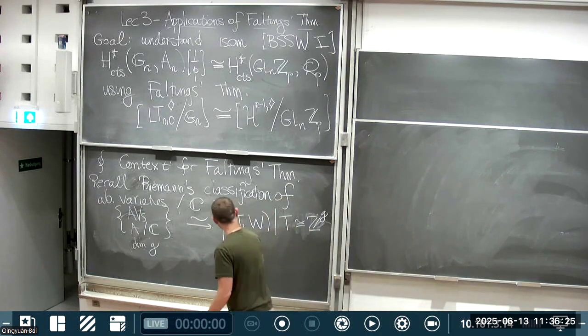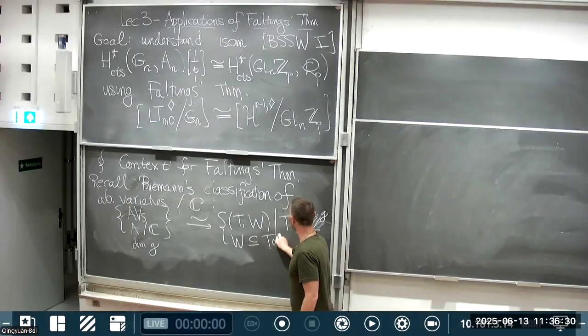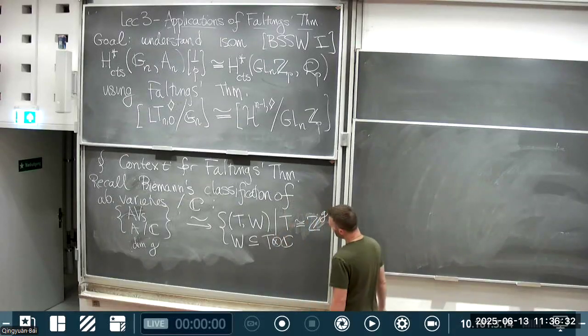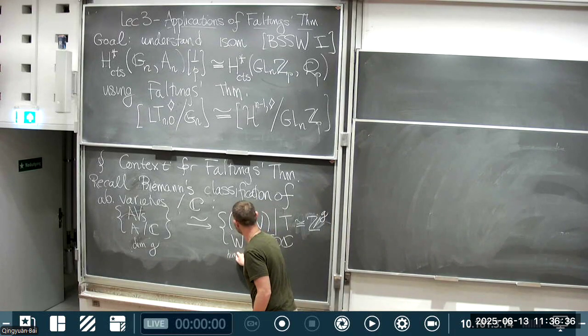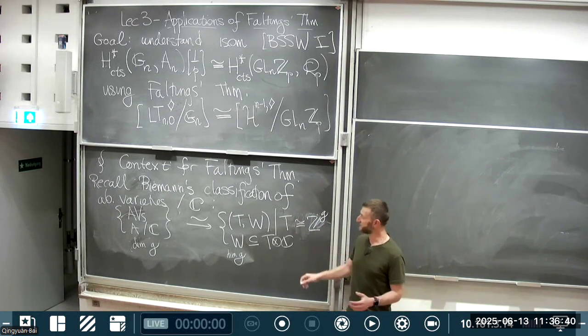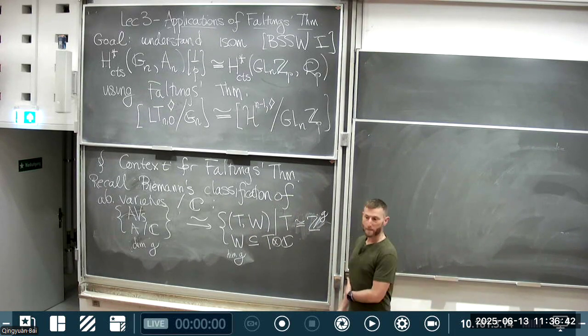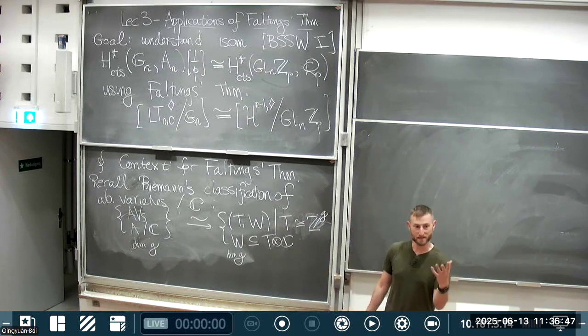And the W is going to be a subspace of T tensor C. And the W here had better be dimension g. So W is a complex subspace of the vector space T tensor C. And together, the pair (T, W) has to satisfy some condition.